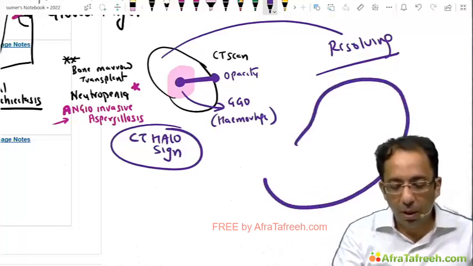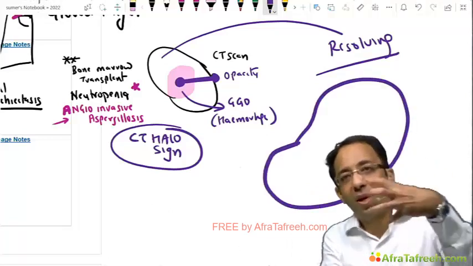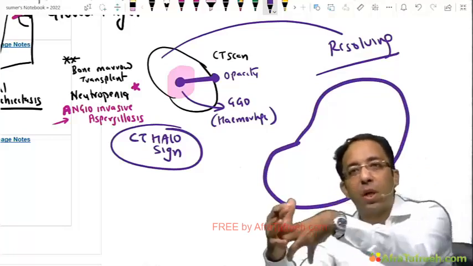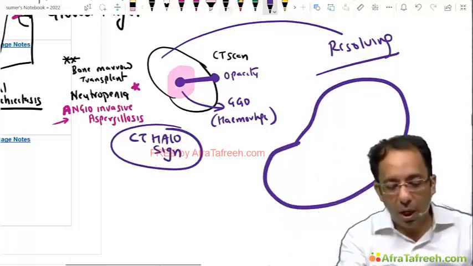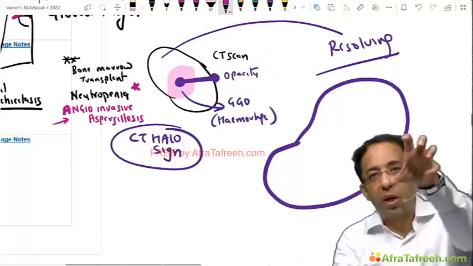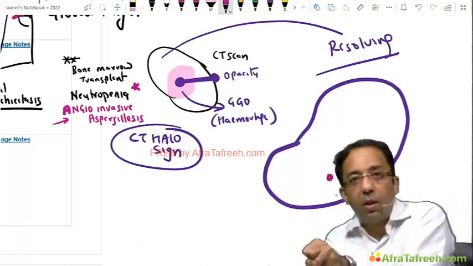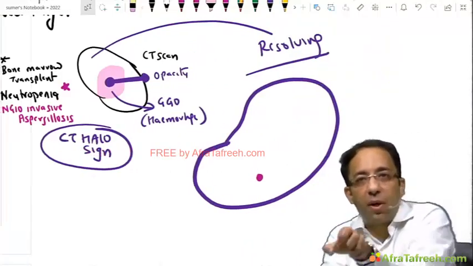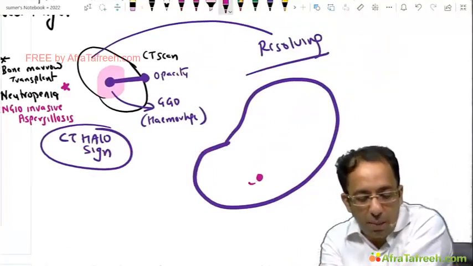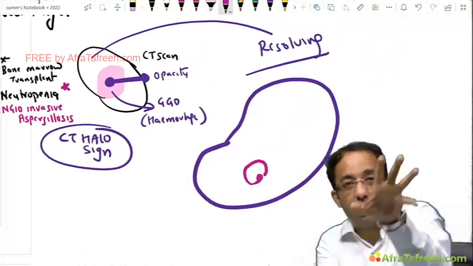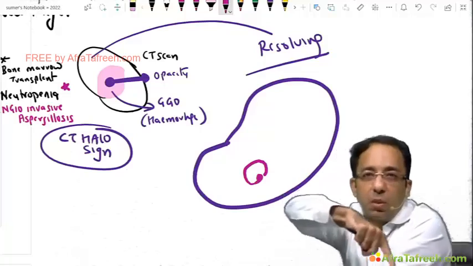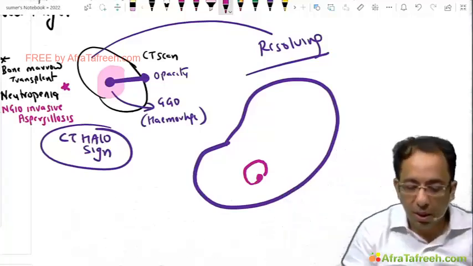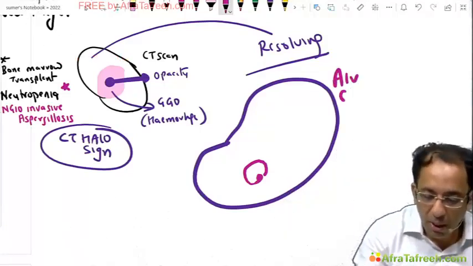The neutrophils will come back, and neutrophils will now start fighting with the enemy. Now the consolidation will start to retract. It will start to get smaller. And when the consolidation is retracting, it causes some hyperinflation surrounding it. Pneumonia छोटा हो रहा है, आसपास थोड़ा सा hyperinflation हो रहा है. This is called as the air crescent sign.